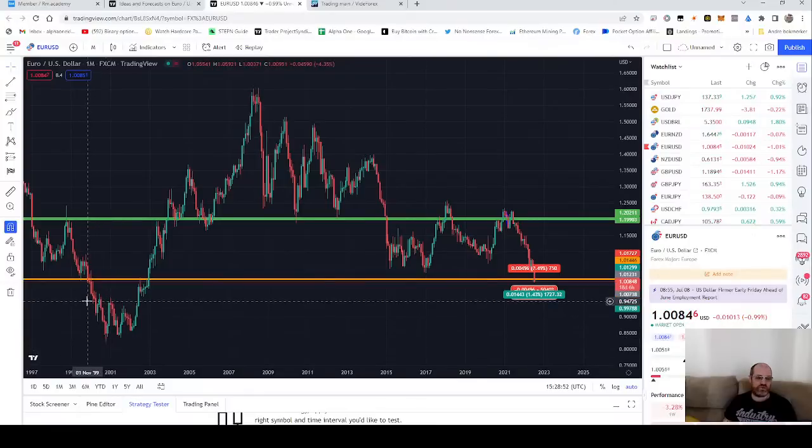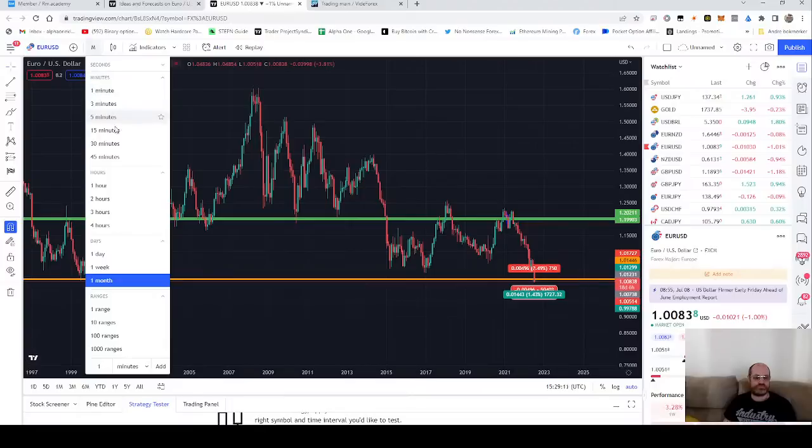You can see what you can expect. When you look on monthly, the next support line is around this region here. So it's a very nice short trade we can be seeing here on the daily chart for euro against dollar.